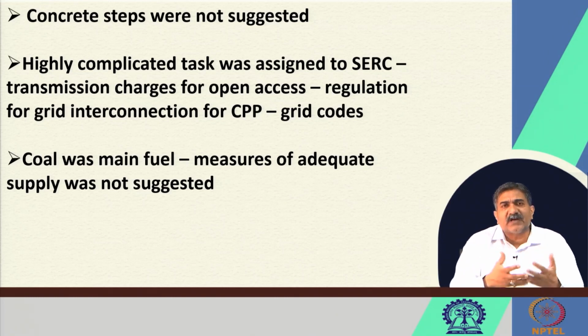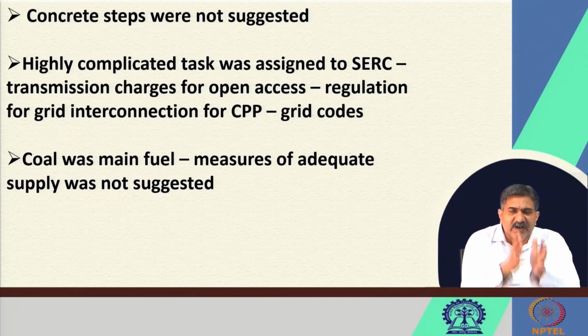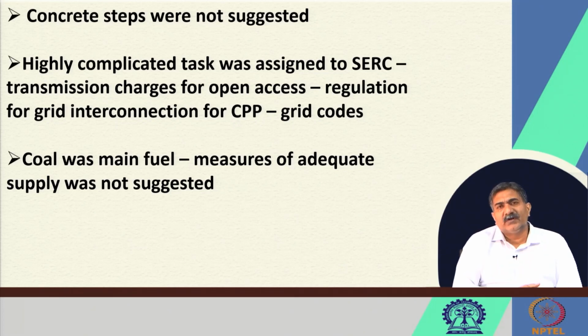How those efforts are to be made was missing in the policy. That is important, because unless you suggest something on very concrete ground, such as what is to be done, how you are going to ensure electricity to every household, and how you are going to increase consumption, it becomes just an ambitious document. There is no design to implement it at the ground level.